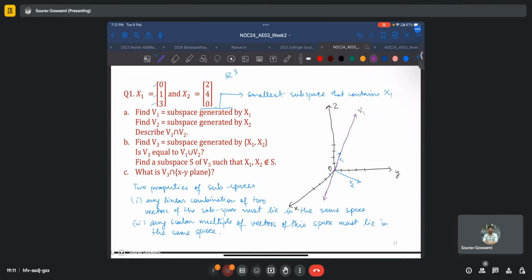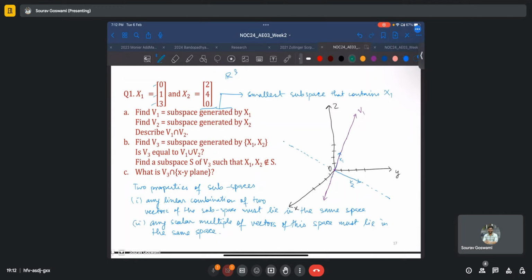Now similarly when we look at x2, the same concepts apply. So any scalar multiple of x2, say 2x2 might be somewhere here, minus x2 or minus 2x2 might be somewhere back here.